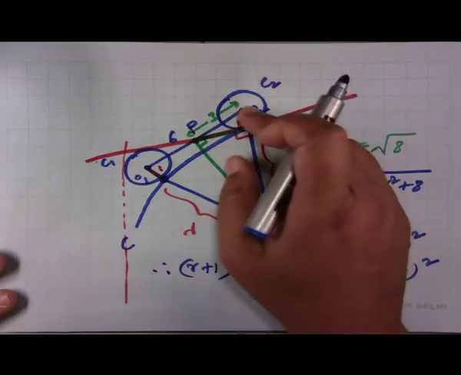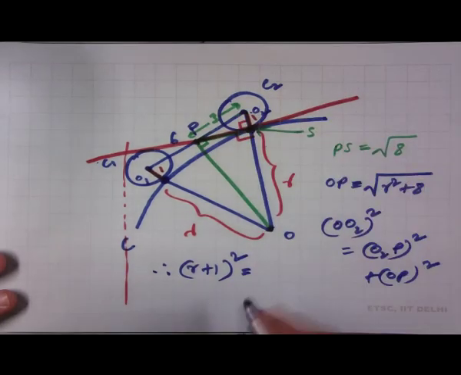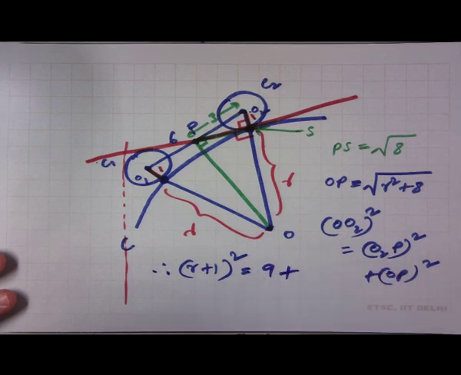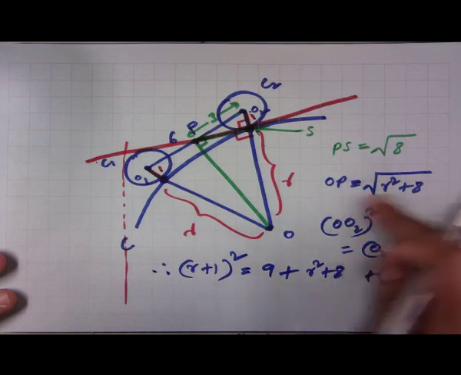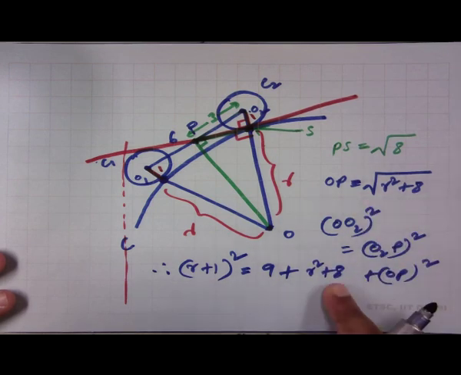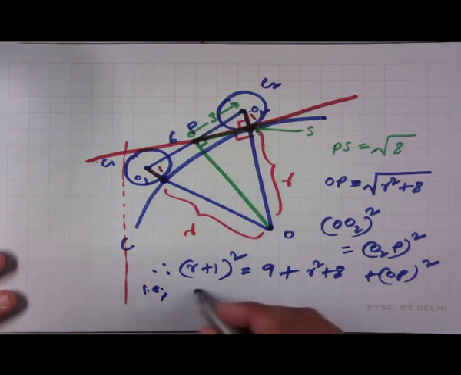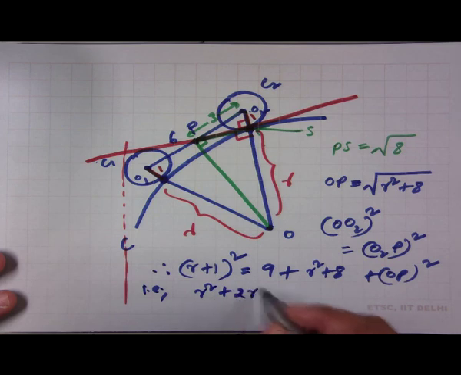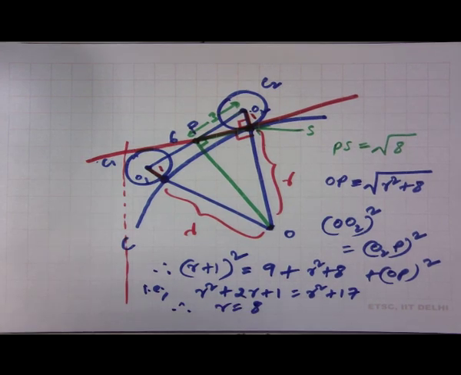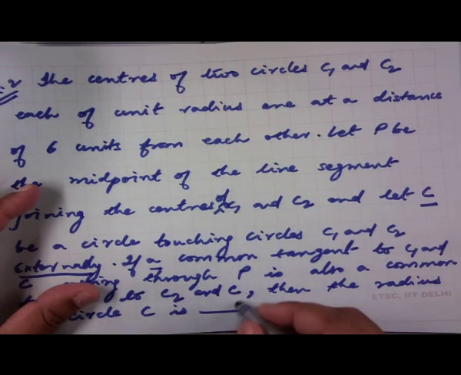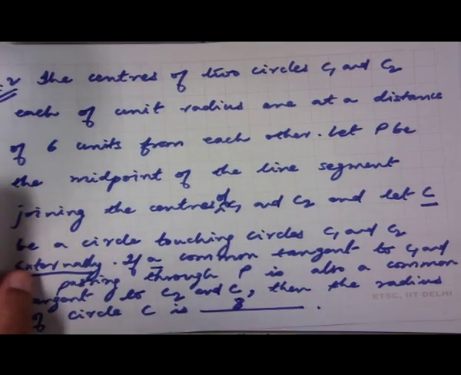O2P is 3 units, so its square is 9, plus OP square is, from here, r square plus 8, and therefore, r is 8 units. So, the radius of this circle C is 8 units.